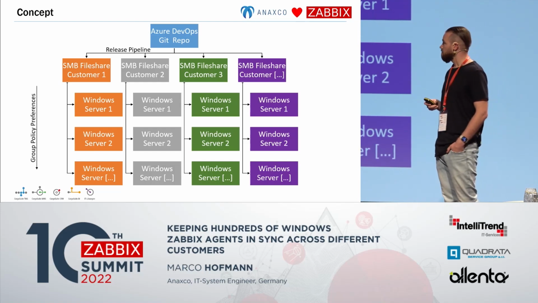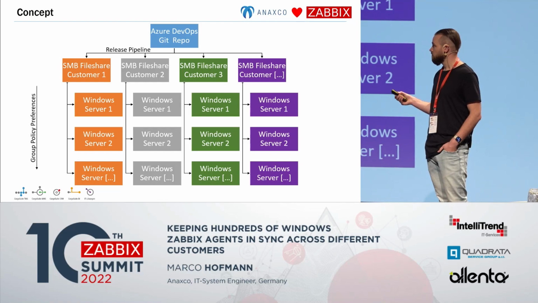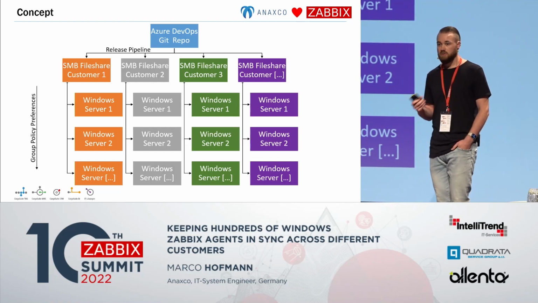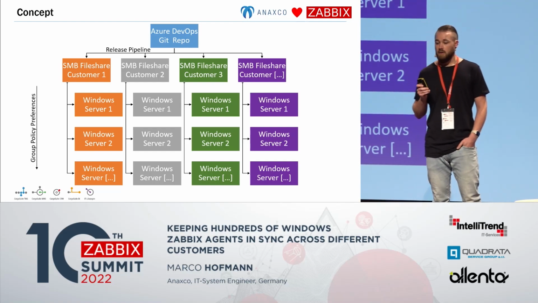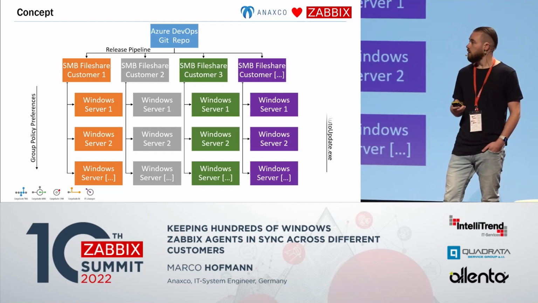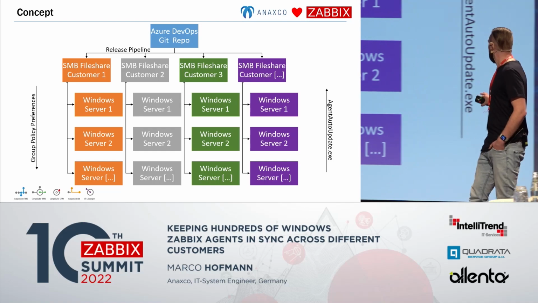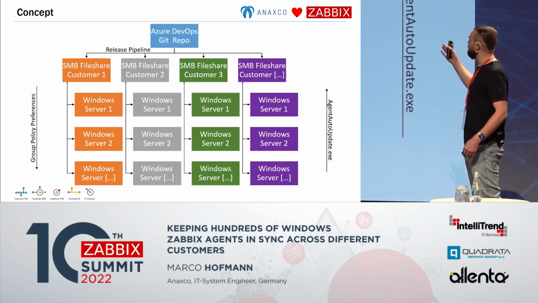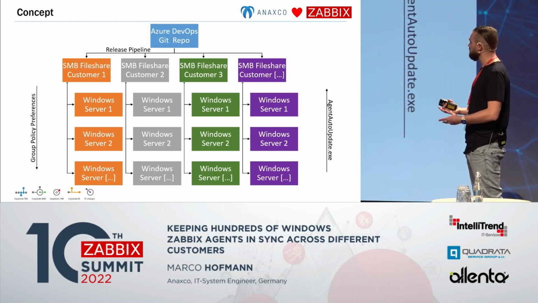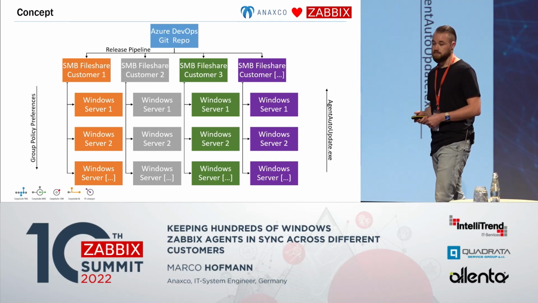Starting from the SMB file share, we are going to make use of group policy preferences, which will install the agent onto each target Windows server. With the installation of the agent, we also install the agent auto update exe, which will then periodically check the SMB source for changes, and if there are changes, it will automatically adopt.